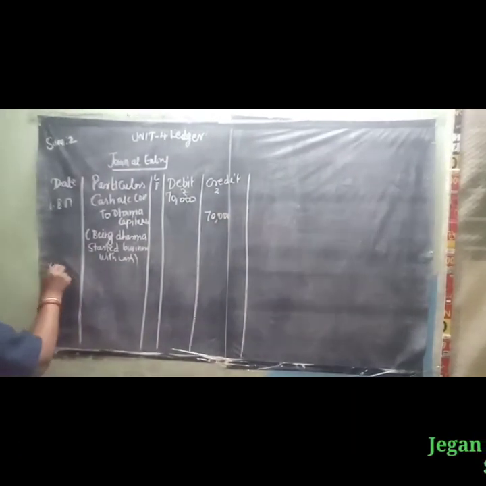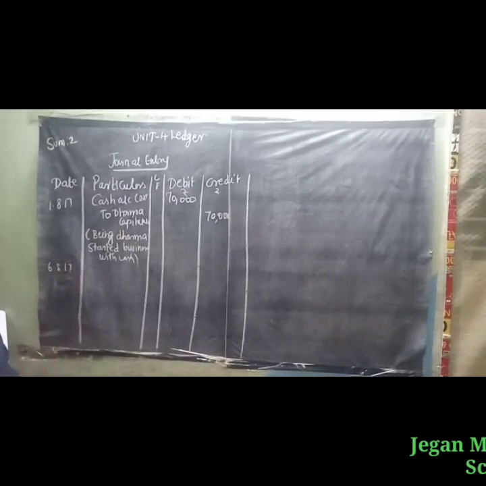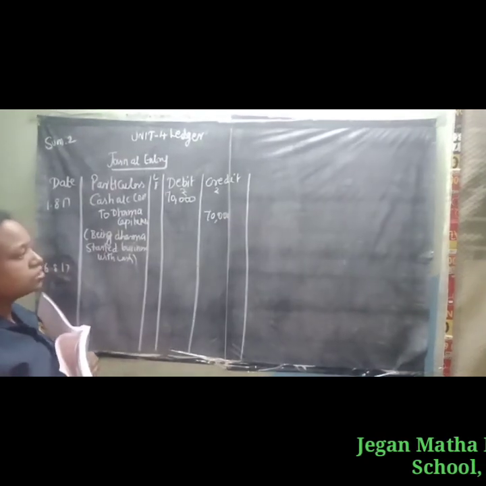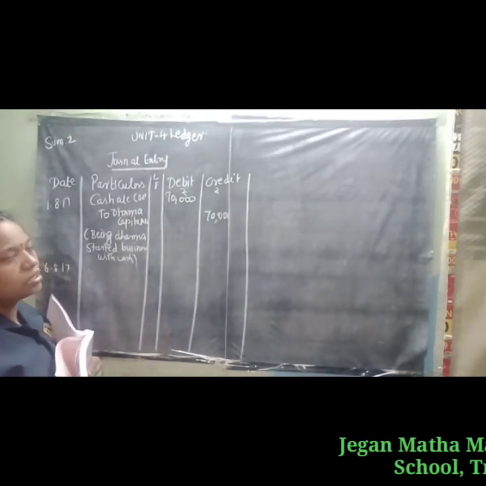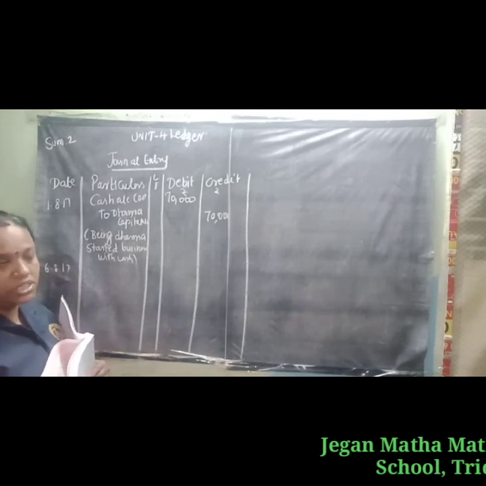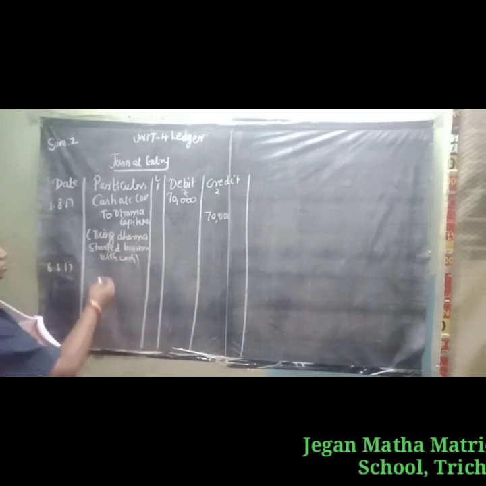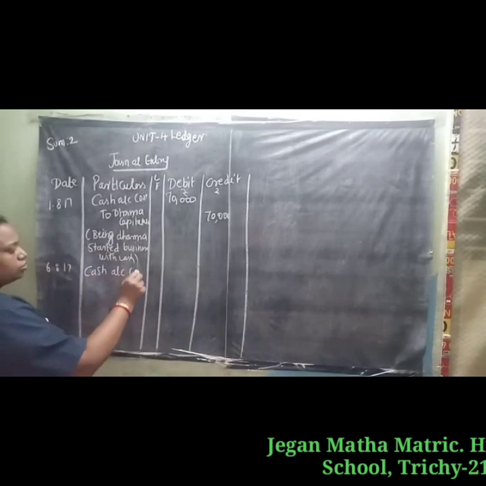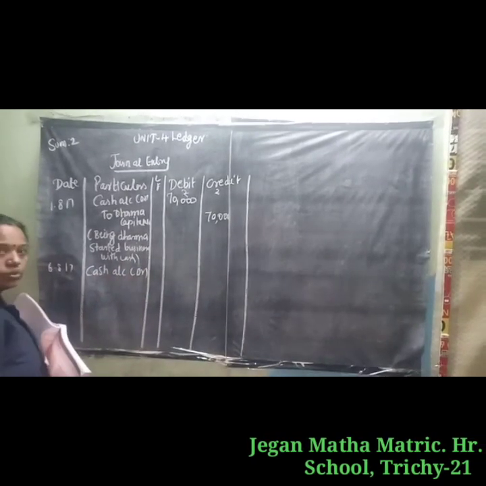Next, cash received from Ganesan, date 6/8/2017. Cash comes in. By the real account rules, you know that what comes in is debit. So we write on the debit side cash account debtor. Cash received from who?